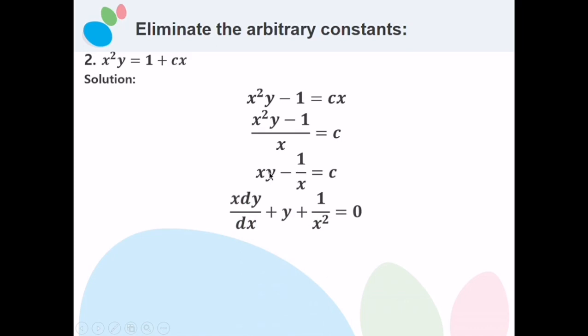This is the product rule. So x dy/dx plus y dx/dx, so y times 1, or y.